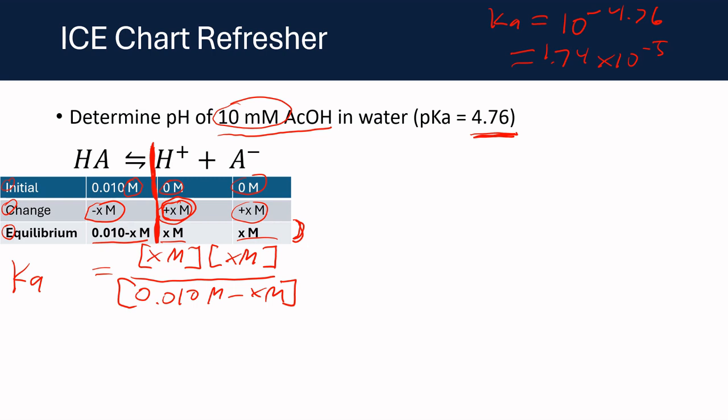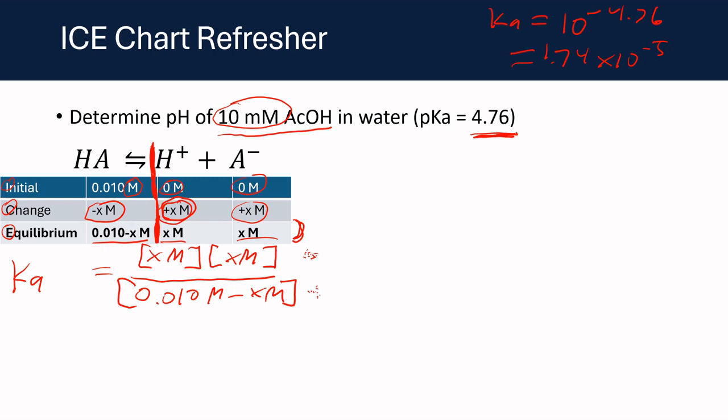And that is going to manifest in the Ka as a very small number because the amount of reactant, which is going to be in the denominator, is going to be a huge number. And the numerator corresponds with the products, that's going to be a small number.